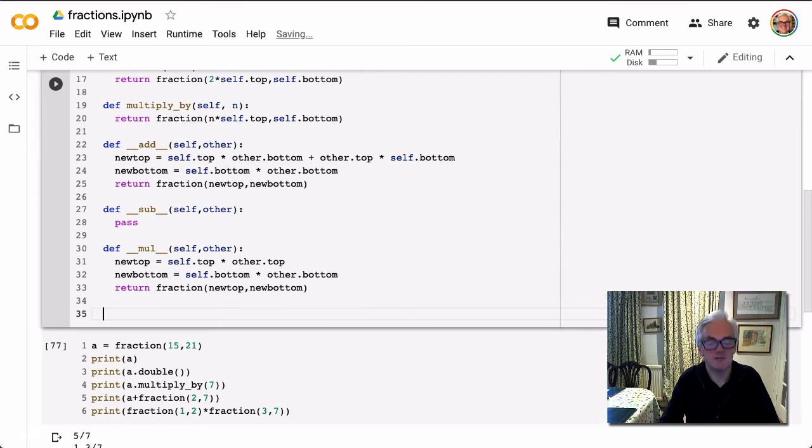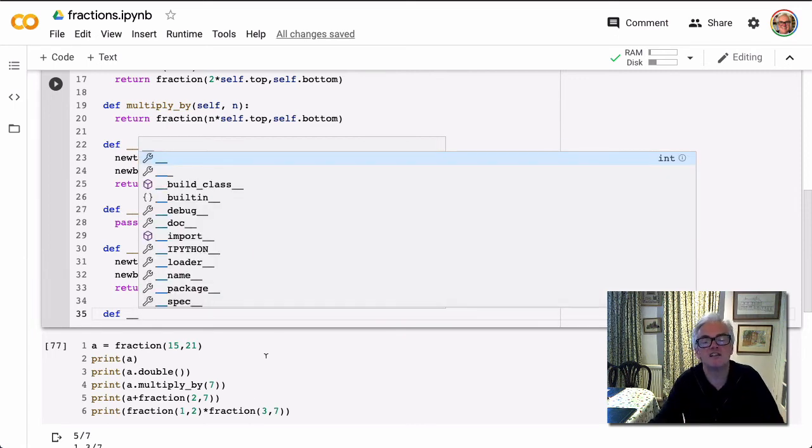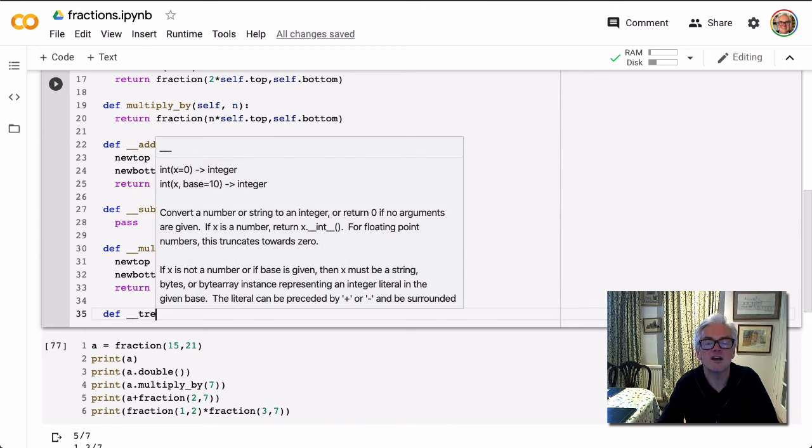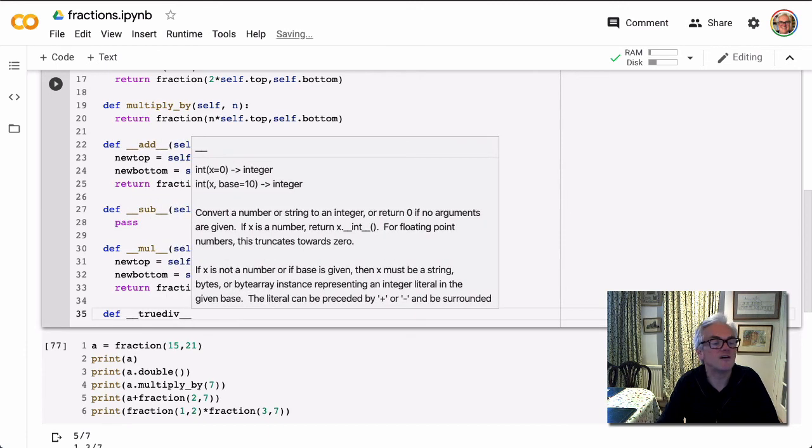We should be able to define another method for division. Now with division you want to be careful because it doesn't really make sense to divide a fraction by a decimal. It does make sense to do a fraction divided by a number, so just as we had multiply by, we could have a divide by, but typically we're going to want to apply this to a couple of objects within this class of fraction, and what we're looking at there is trueDiv as the code for our operator.